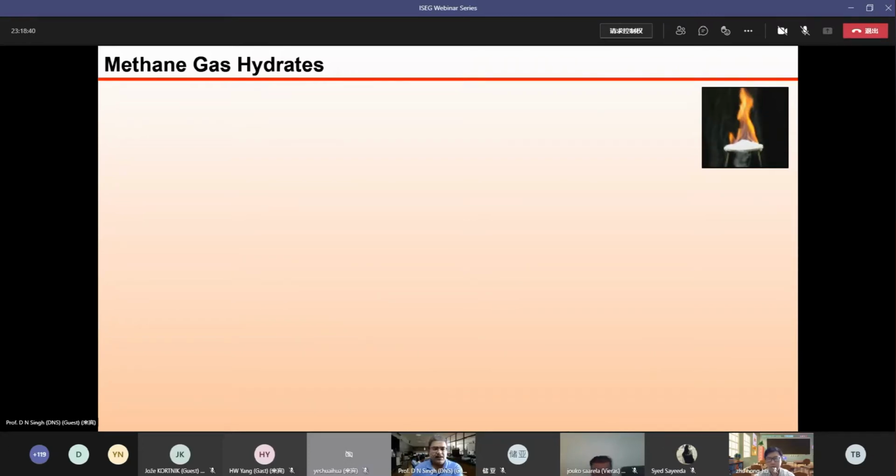In the simplest possible form, this is a source of energy which we'd like to harness. And this is a big challenge to all technologists, administrators, and researchers.